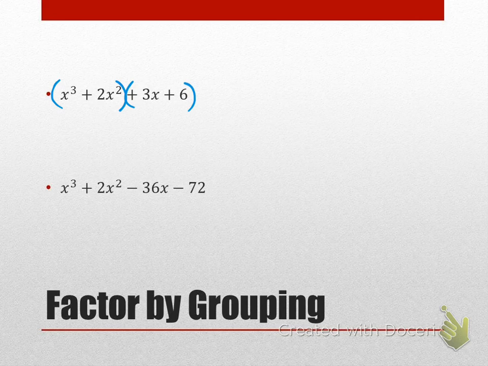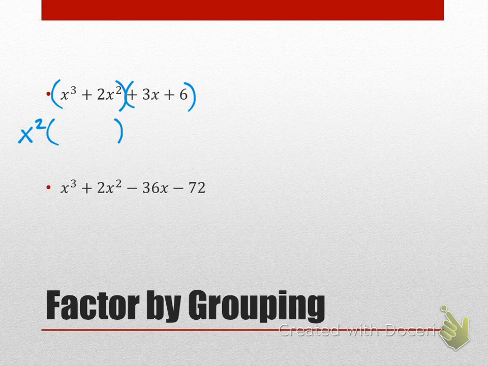There's going to be 2 x's, so I write it as x squared. The reason why is this first term has 3 and this second term has 2. So the maximum that each of them can give is 2 because x squared could not give any more. And I realize that the numbers are 1 and 2, so the greatest common factor for the number would be 1, which I don't need to write.